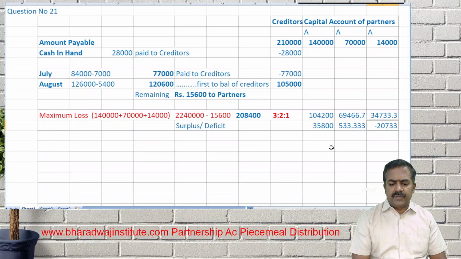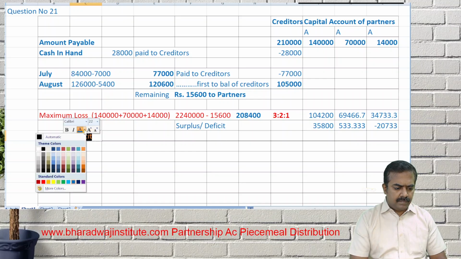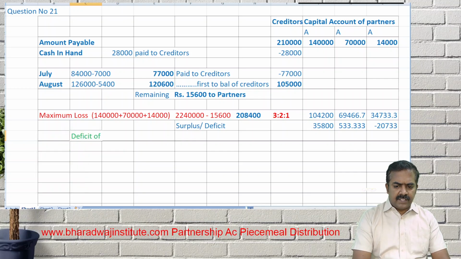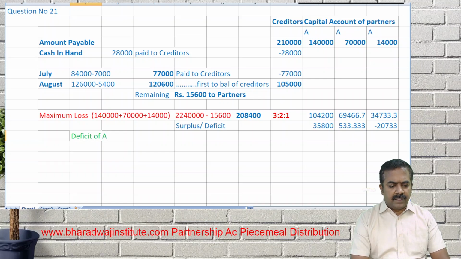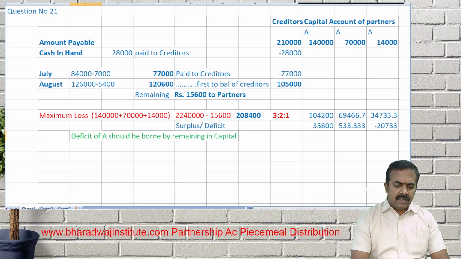Now this deficit, of whom? The deficit of the third partner A should be borne by whom? The remaining partners, in which ratio? Capital ratio.